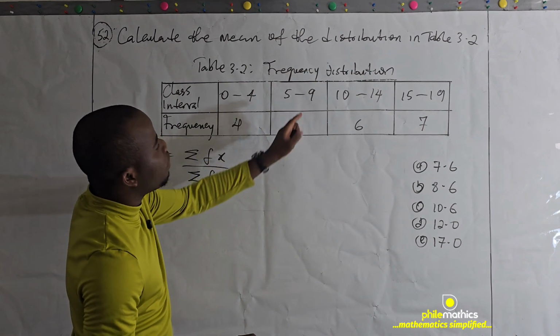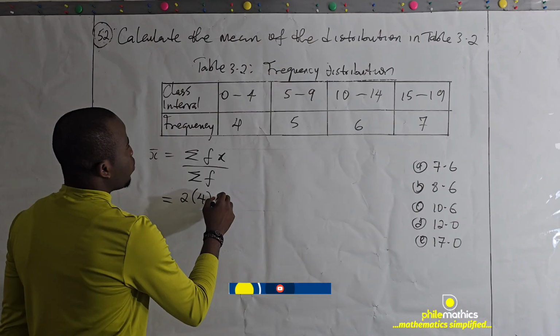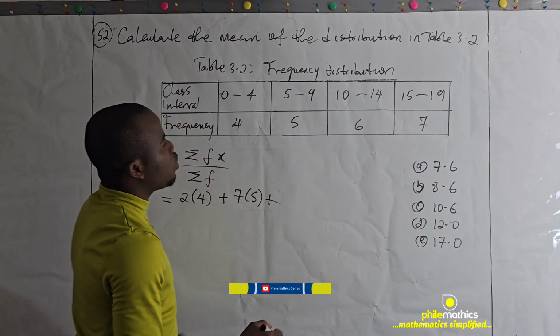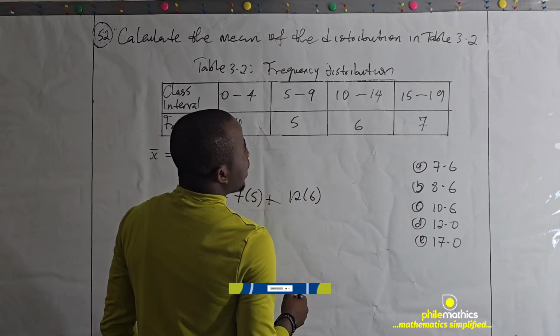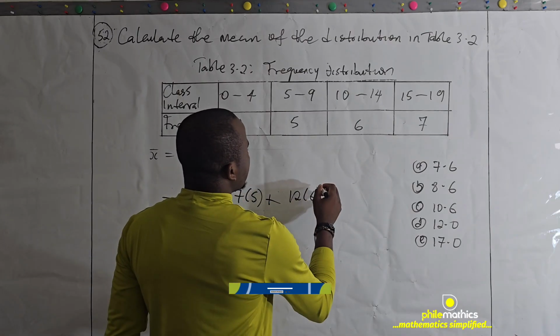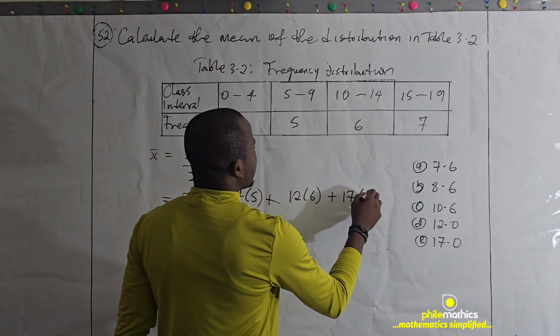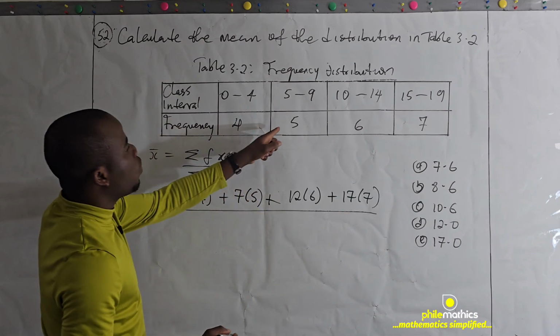Here, 9 plus 5 is 14, divided by 2 is 7, plus 7 times 5. 24 divided by 2 is 12. 12 times 6. 34 divided by 2 is 17. 17 times 7 over the summation of the frequency.